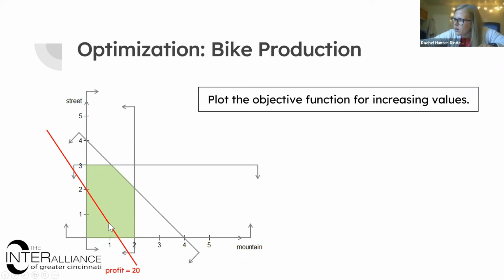If you can think of any XY point along this line, it's going to have the same profit value of 20. So you could pick the point right here, whatever that is. Let's pretend for a second you could make half of a bike. So 1.5 mountain bikes and 0 street bikes is going to give us a profit of 20, all the way up here to 2 street bikes and 0 mountain bikes is also going to give us a profit of 20.